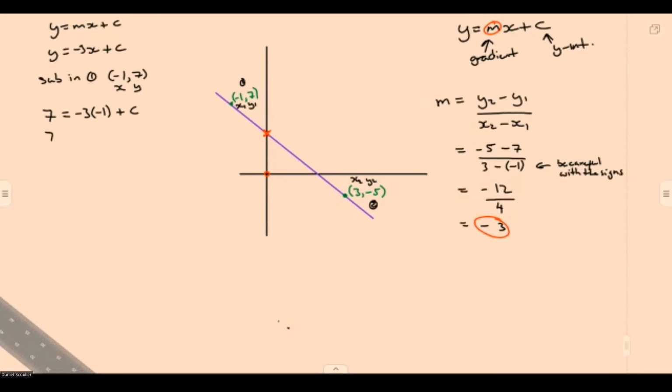So 7 equals -3 times -1, which would be +3, plus c. Bringing the 3 over to the other side, c equals 4.